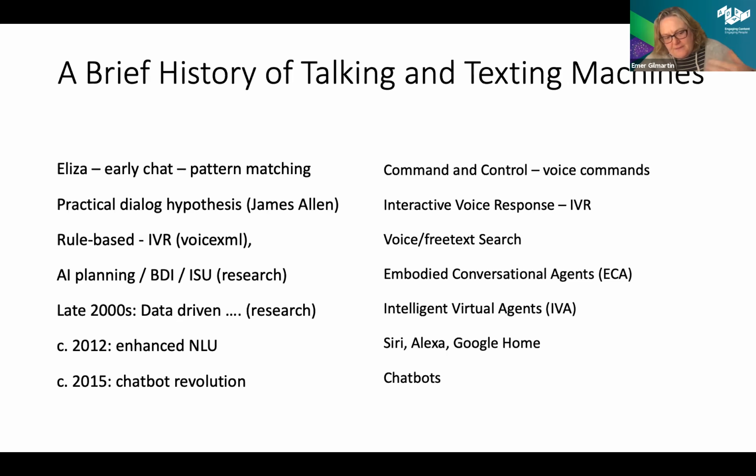So from then on, the people concentrated on creating task-based or practical dialogues. So for example, they concentrated on the infamous booking systems. Then you went into IVR with all of those systems where you rang up the bank and a sort of weird voice answered you and got your numbers, etc.